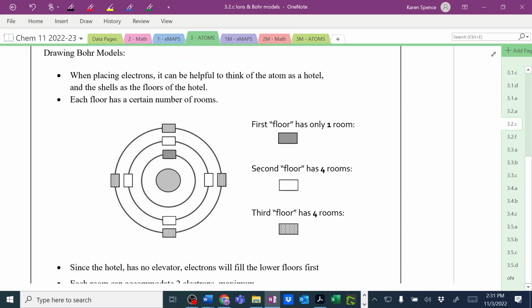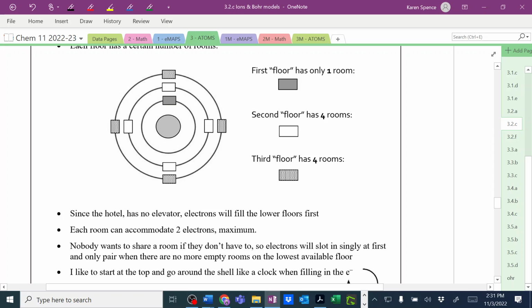On the first floor, how many rooms do we have on that first floor? 1 room. How many rooms on the second floor? 4 rooms. 1, 2, 3, 4. And on the third floor, 4 rooms. Each room can accommodate 2 electrons maximum.